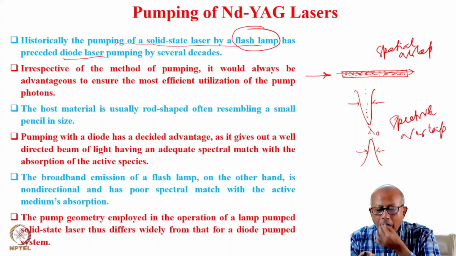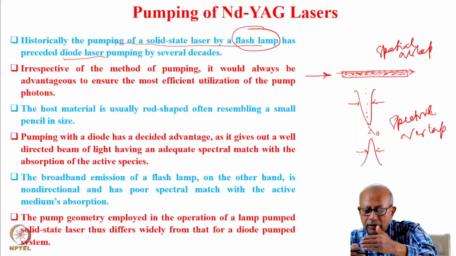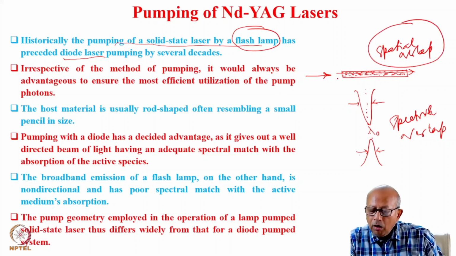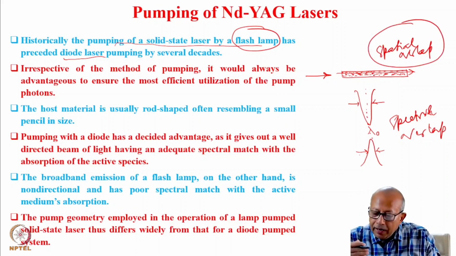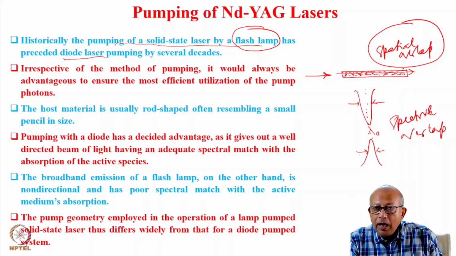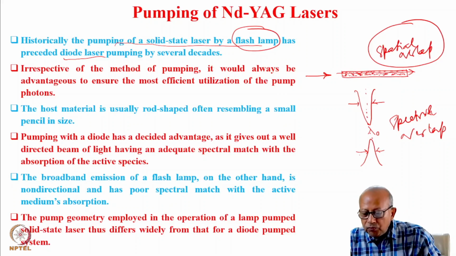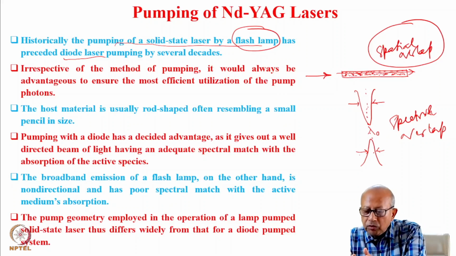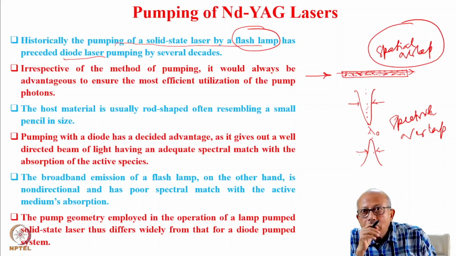So if you use a diode laser to pump a solid state laser, there will be both spatial overlap of the pumping light and the atoms that are to be pumped, and also spectral overlap, that is frequency matching of the emission of the diode laser and the absorption of this atom.